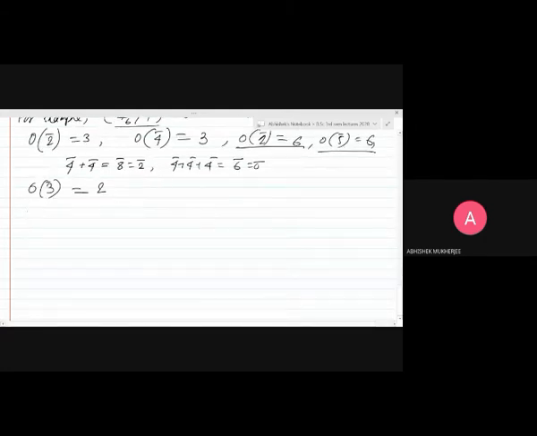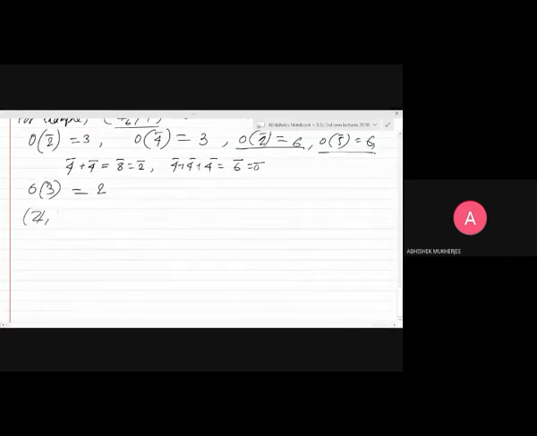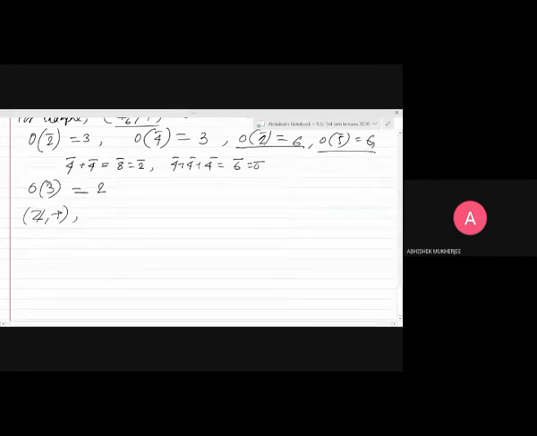Now, if you look at the group Z under addition, then the generator 1, does it have any finite order? No. This generator, this 1, the order of 1 is 0, or the order of 1 is infinity.